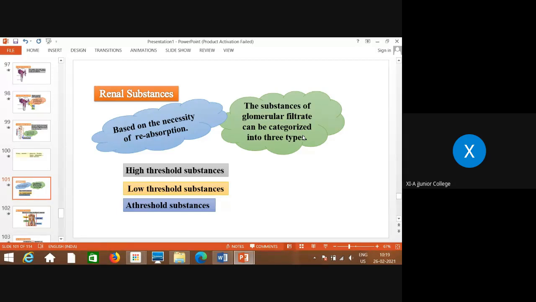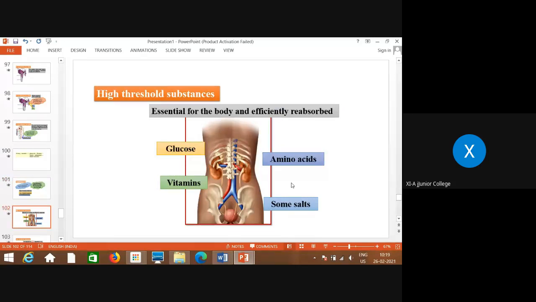Now, the substances that are reabsorbed or formed here are categorized, based on their necessity of reabsorption, into three types: high threshold substances, low threshold substances, and athreshold substances.